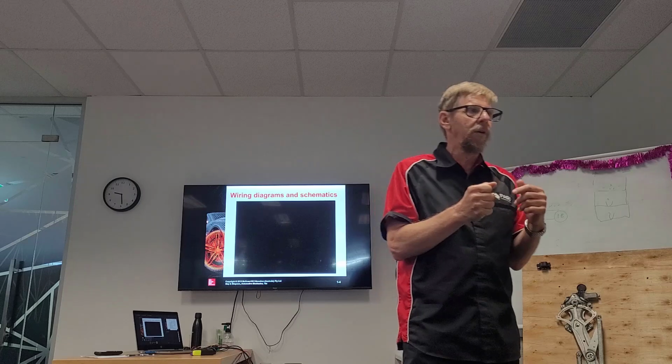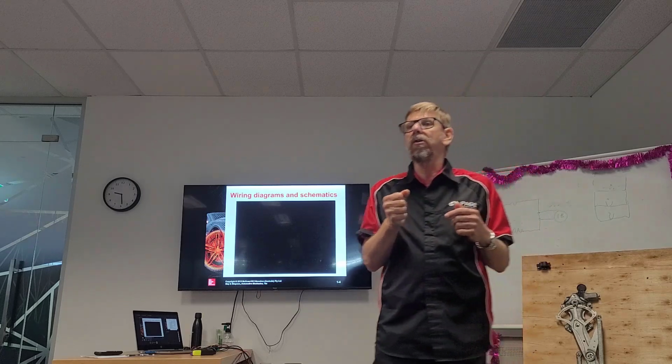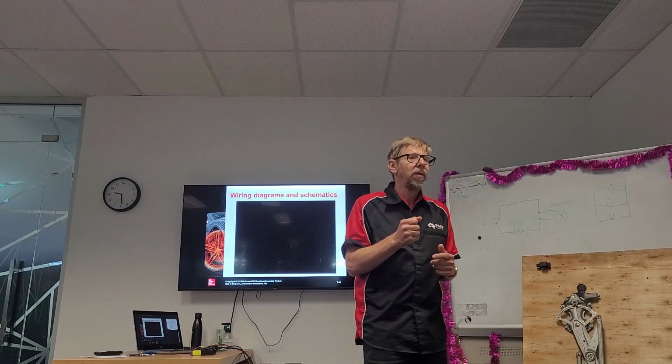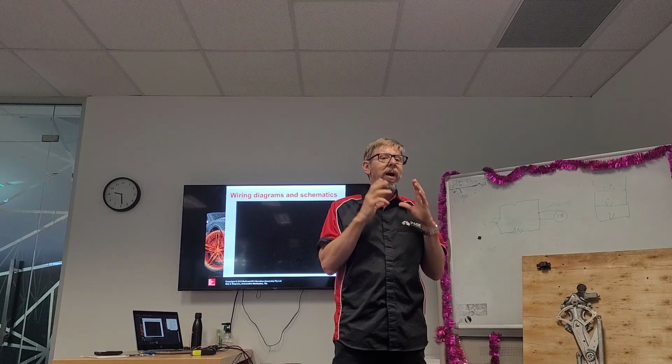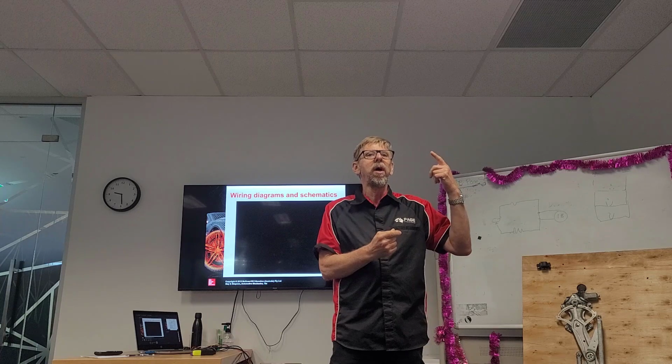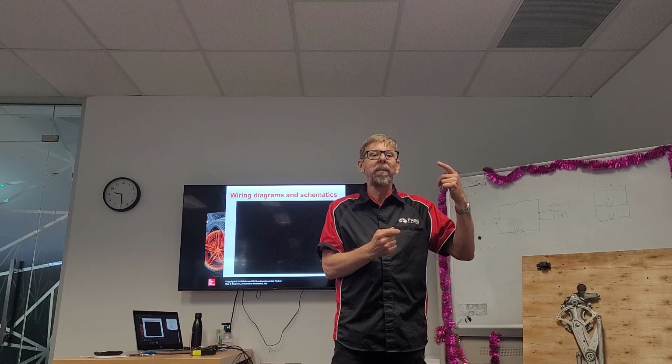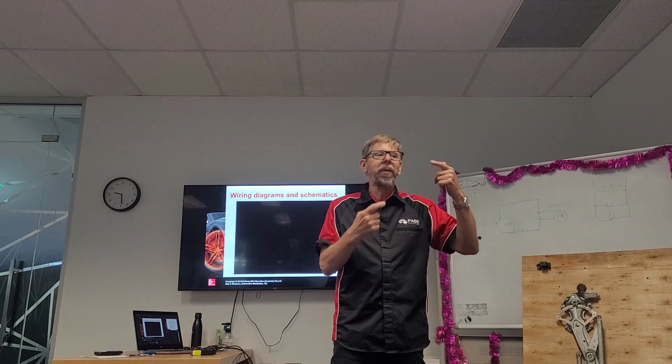We can control a circuit by switching the power on and off. We can control a circuit by switching the ground on and off. We can actually control a circuit by doing both. A lot of modern cars now do both with pulse width modulation, changing the amount of current going through both the power and the ground.